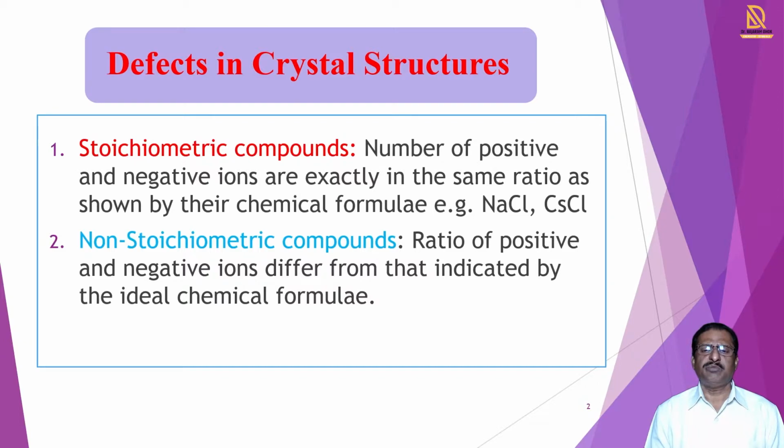Means in this stoichiometric compound the ratio of positive ion and negative ion is exactly the same, and examples are NaCl, CsCl. Then the second type is the non-stoichiometric compound. In this compound, the ratio of positive and negative ions is different from that indicated by the ideal chemical formula.